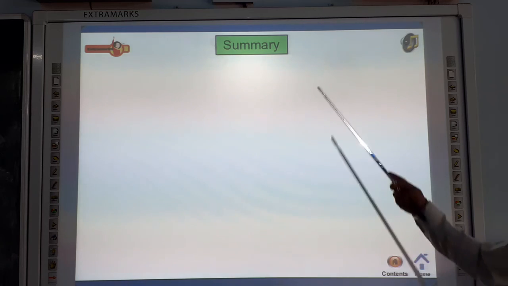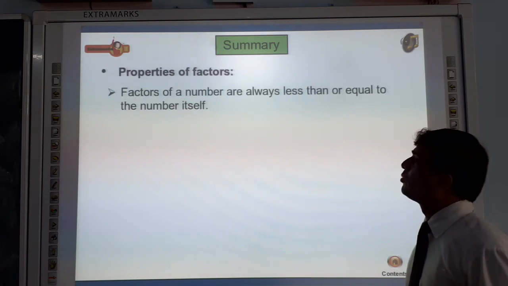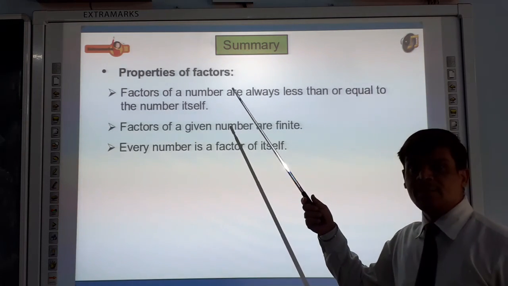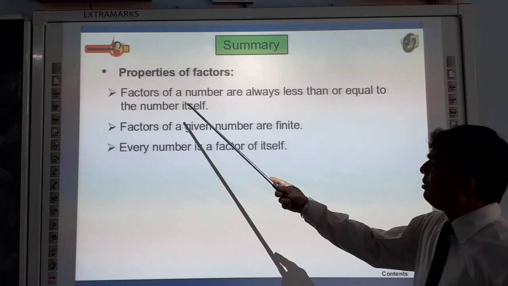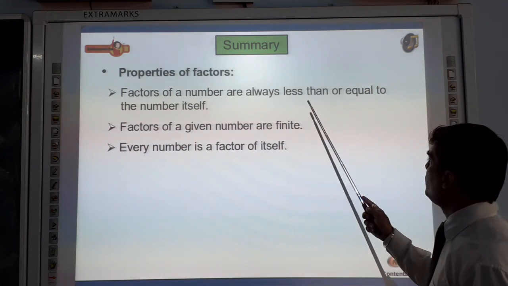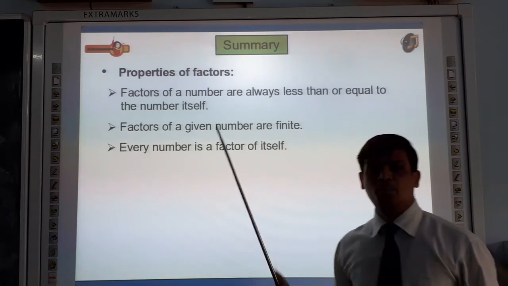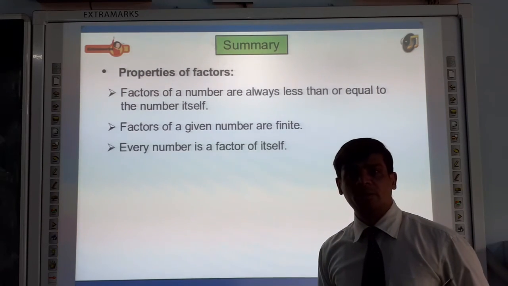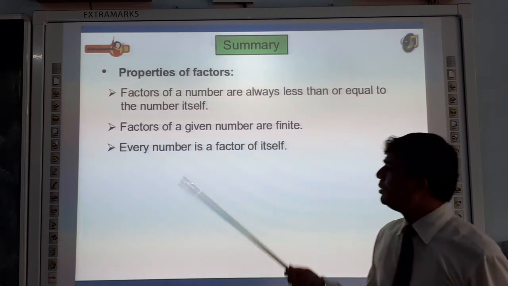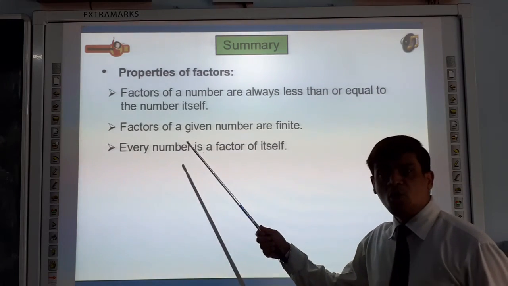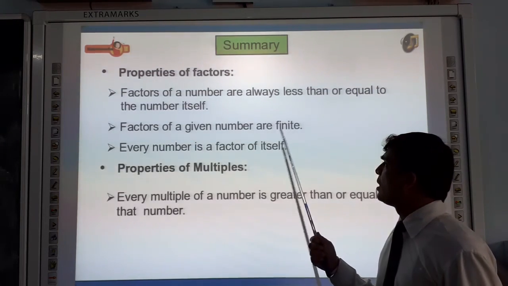Now, last is summary. Properties of factors. First, factors of a number are always less than or equal to the number itself. Second, factors of a given number are finite.